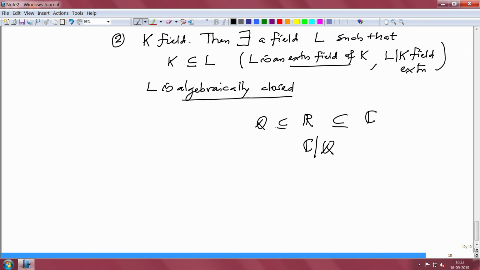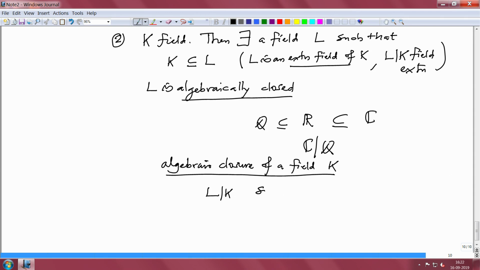So, there is also a concept called the algebraic closure of a field K. That simply means it is the smallest field extension L of K such that L is algebraically closed.